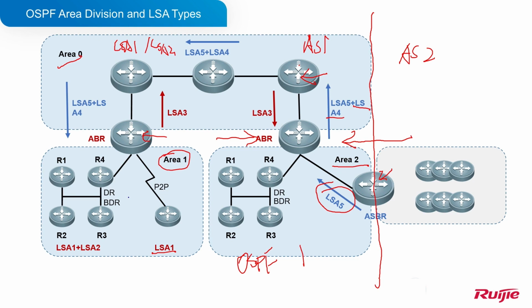So actually the LSA 1 and the LSA 2 belong to one area, and the LSA 3 is between different areas. And the LSA 4 and the LSA 5 are about the external network information. Okay, so this is the OSPF area division and LSA types.